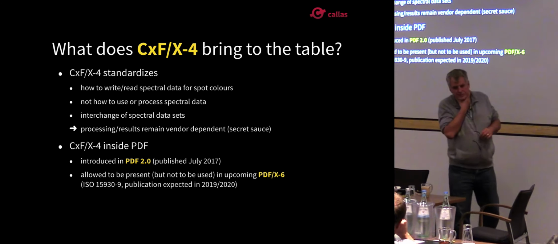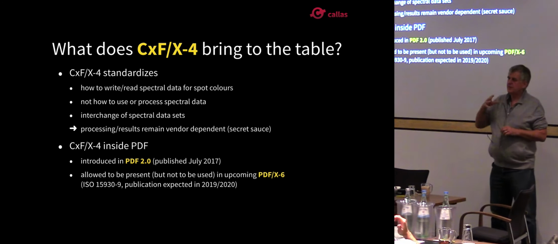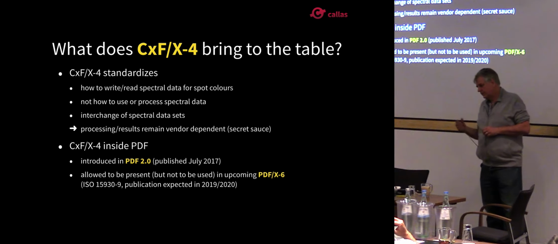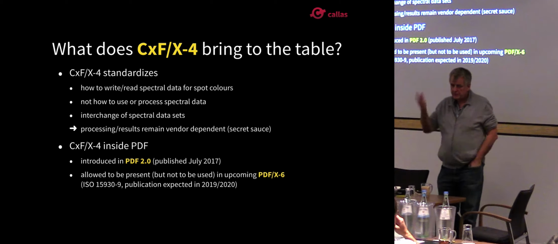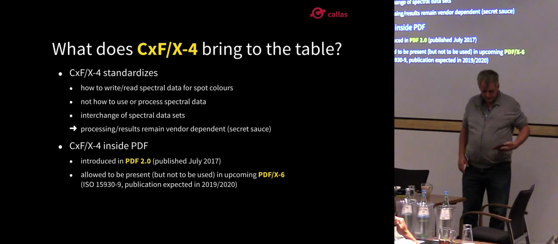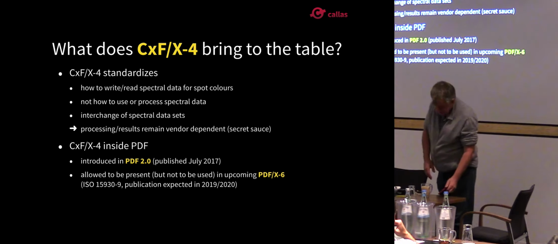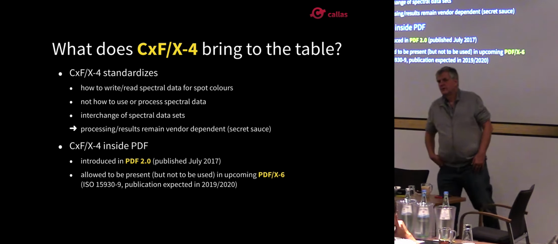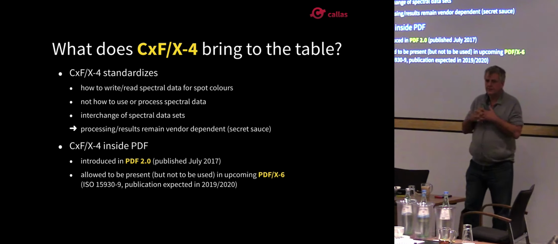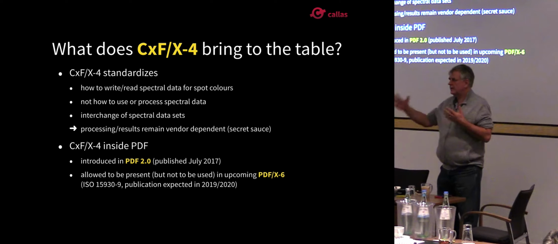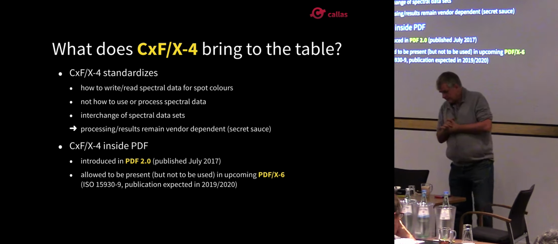For certain people in the industry, especially coming from packaging printing, label printing, and so on, these are segments in the industry that deal with spot colors much more often than publication printing. So publication printing you can do with 4 colors. And they have found out that it's pretty difficult to predict the appearance of combinations of colors printed on top of each other, whether you print a spot color on top of a process color or two spot colors against each other.